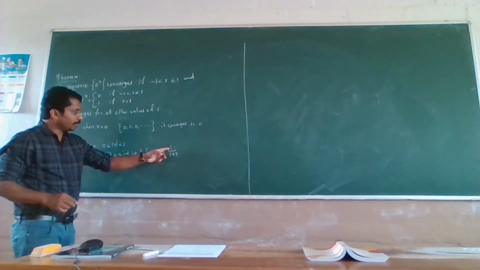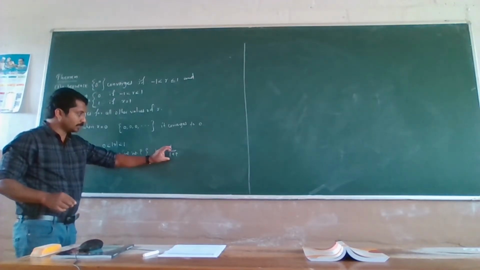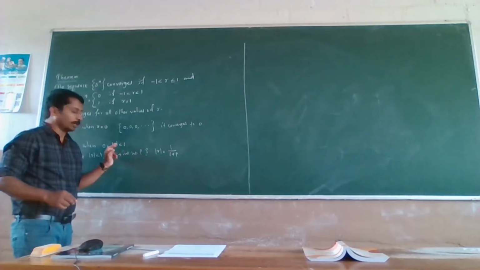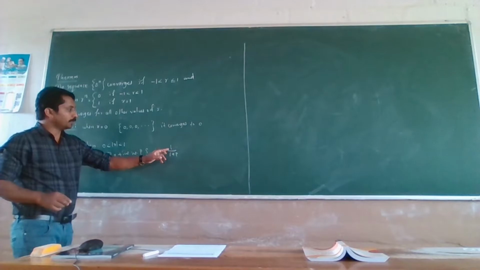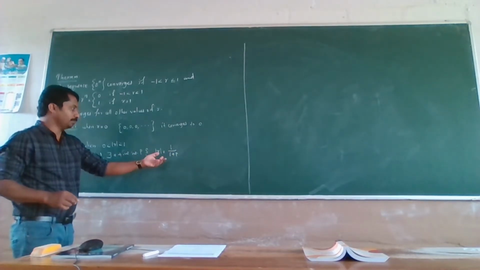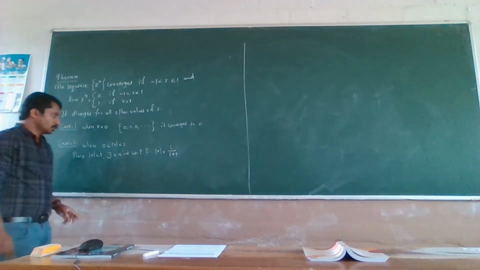When 1 is divided by a quantity that is greater than 1, the result will be less than 1. So we can find a p such that 1 divided by 1 plus p is equal to mod r.